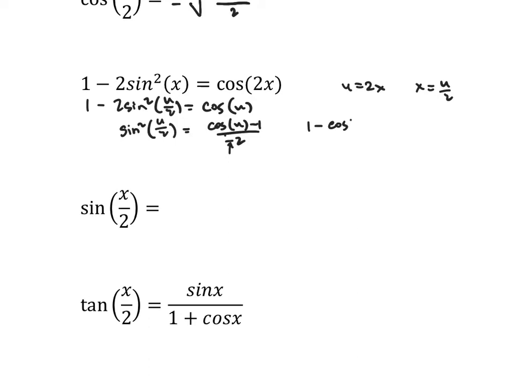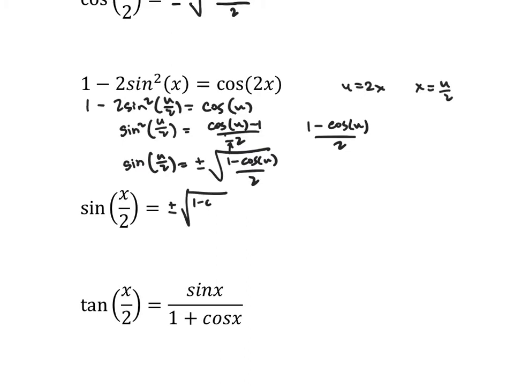So that'll be 1 minus cosine of u over 2. So the sine of u over 2 is equal to plus or minus the square root of 1 minus cosine of u over 2. You can see how closely related that is to cosine of x over 2. Just a change in the sign in between 1 and cosine.